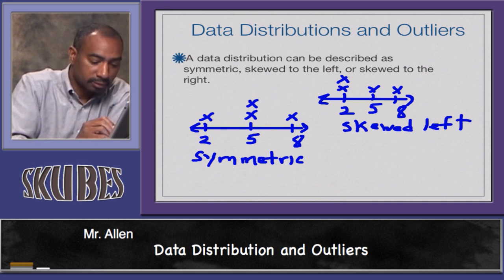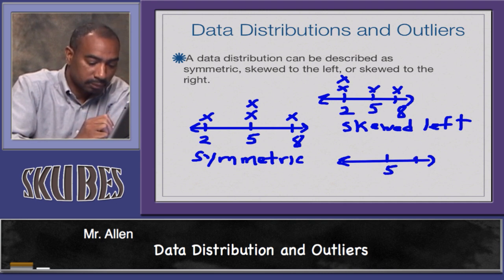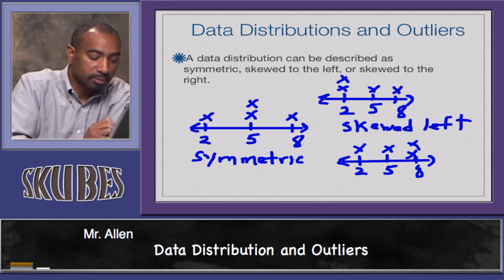And of course, if you see a pattern like this, where most of the data is to the right of the median, we're going to say skewed to the right.